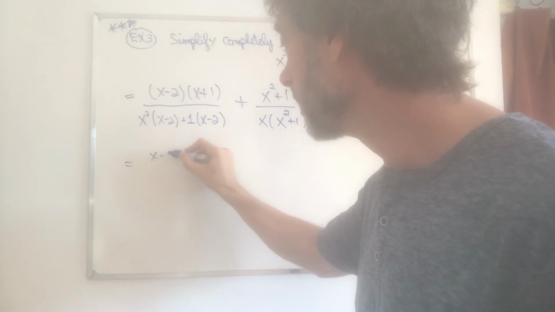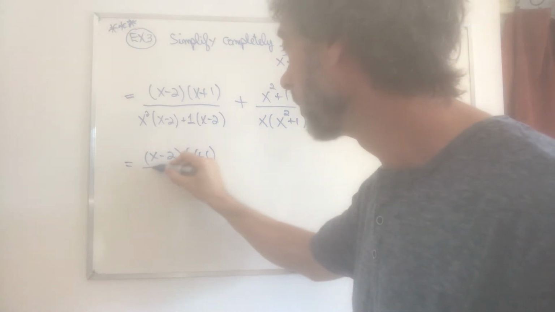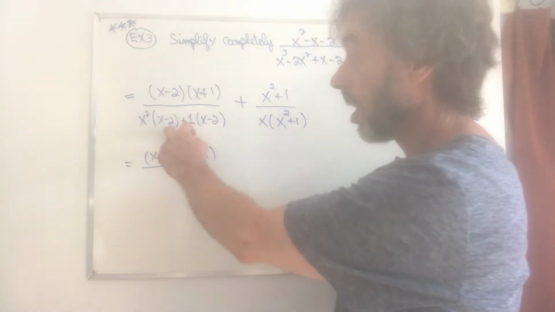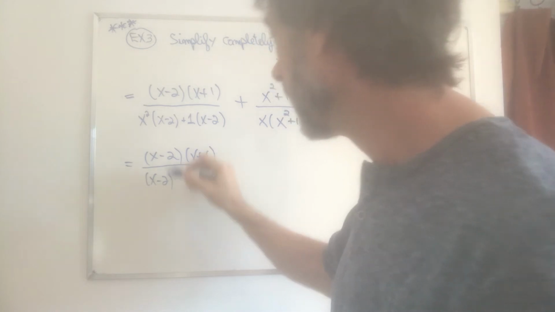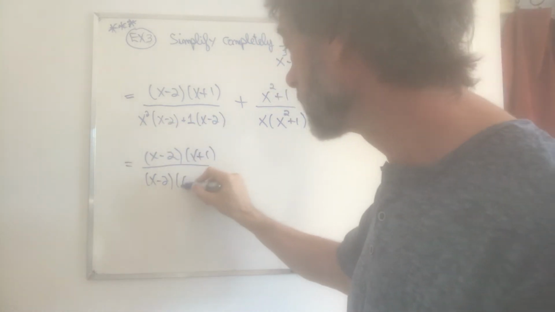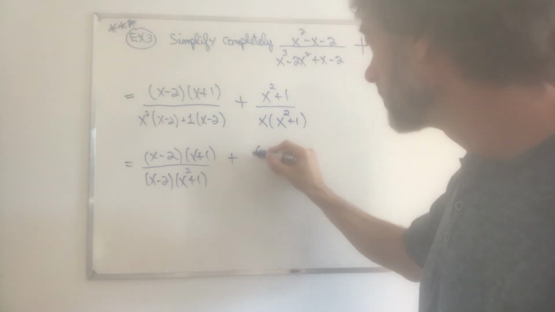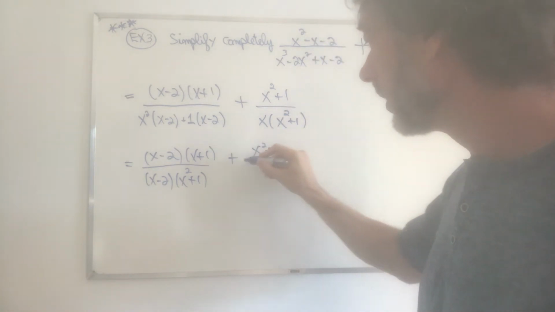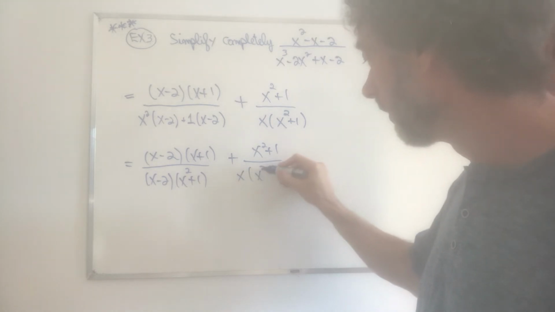Let's complete the factoring of the bottom here. So this is x minus 2, x plus 1, over. Common factor here, x minus 2, I can take it out. And I'm going to have x squared plus 1. All this plus that. Now let's see if we can simplify this before doing the so-called addition.